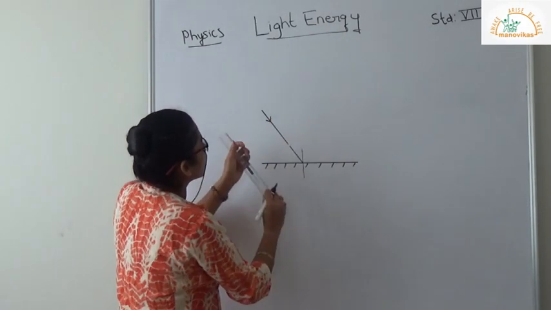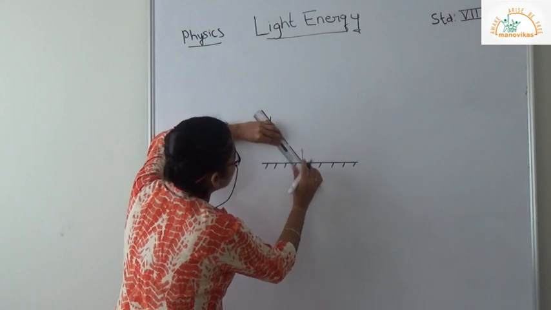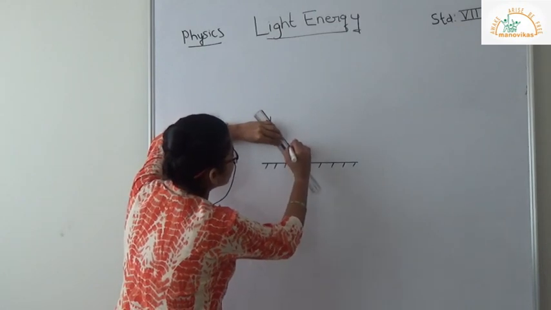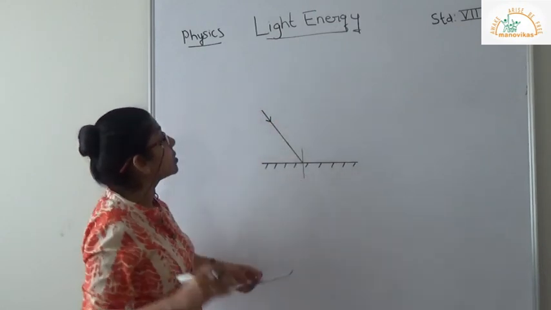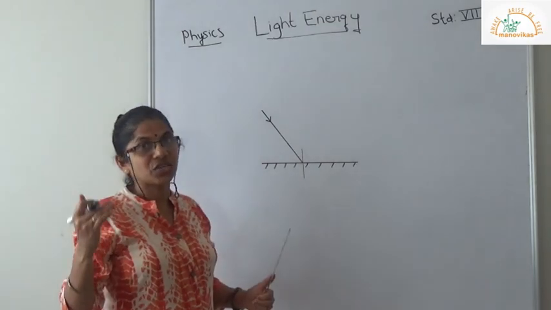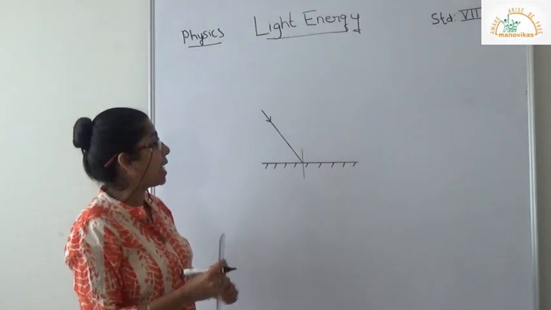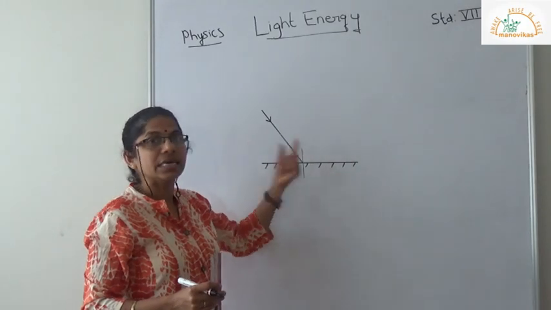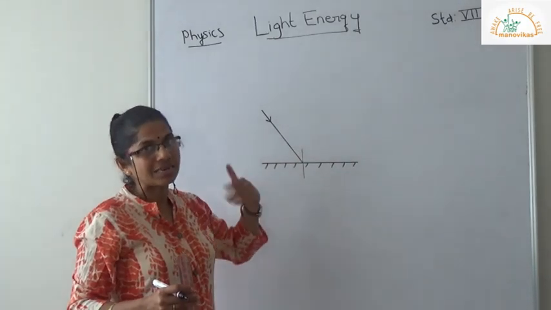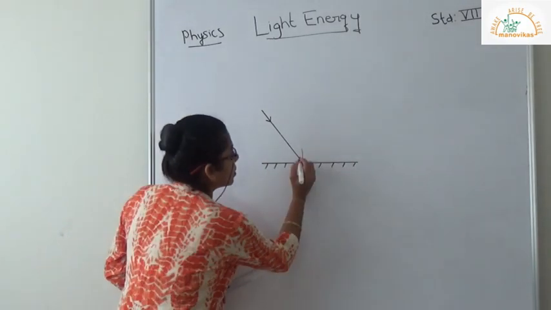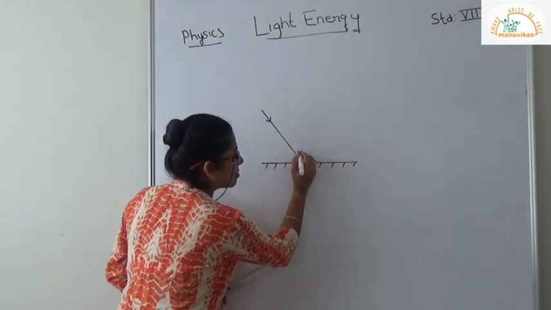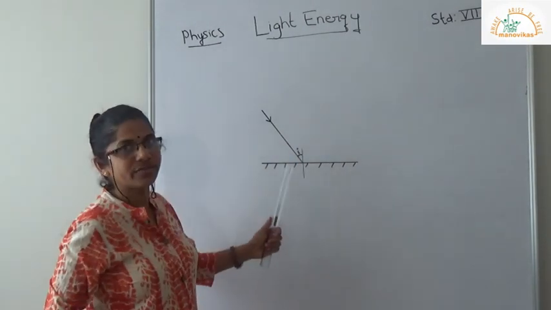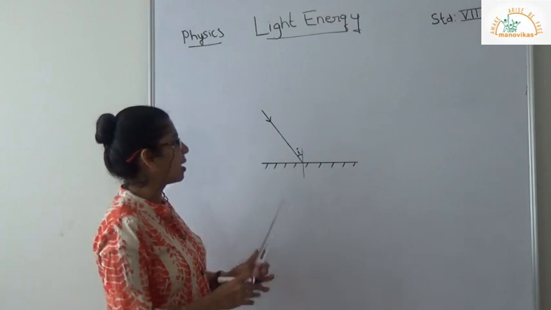Now according to the laws of reflection, you all know that the first law of reflection states that the angle of incidence is equal to the angle of reflection. So I'm going to denote this by small i, which is the angle of incidence.